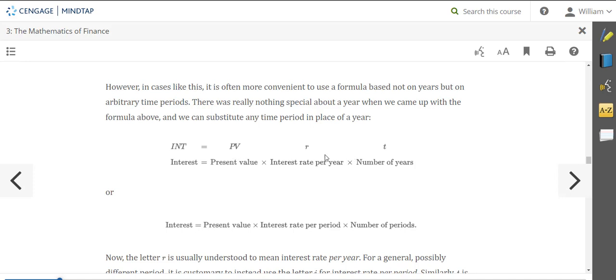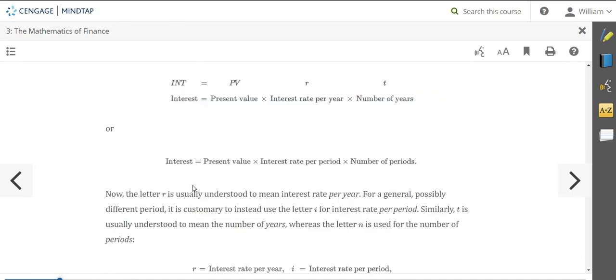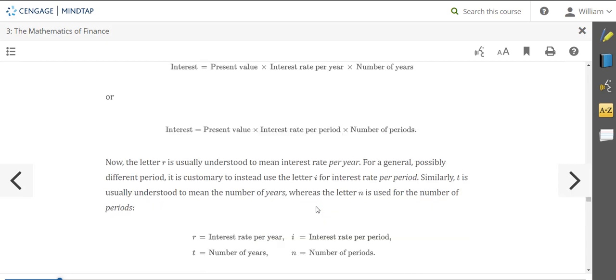So we had PVRT, but the reason we had T as the number of years was because the interest rate happened to be quoted as a yearly rate. So they said the letter R is usually understood to mean interest rate per year. So we'll leave R to mean interest rate per year. So we'll use I for the more general interest rate per period.